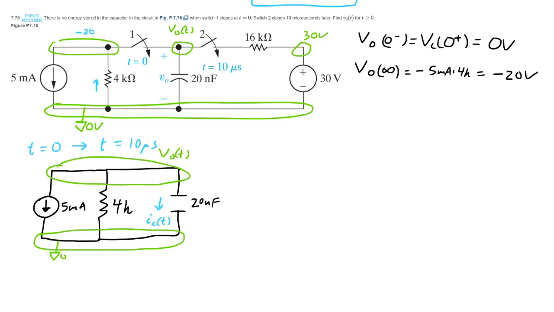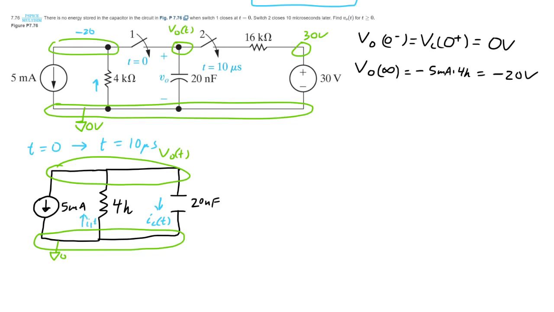It is like Ohm's law: if I put it going up, instead of VCT minus 0 it would be 0 minus VOT. But since I want it to go down, I'm going to have VCT minus 0. That's just going to make the math cleaner. So don't worry about my current direction too much. If you follow the equations right, it will come out in the wash, so to speak.